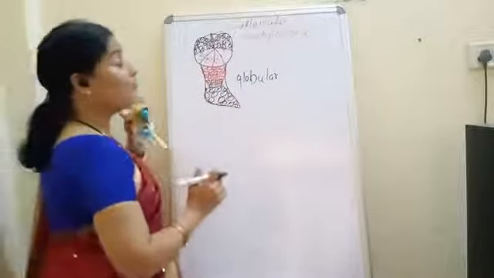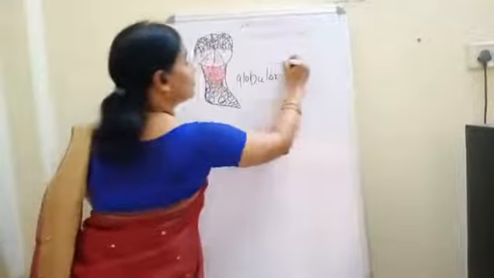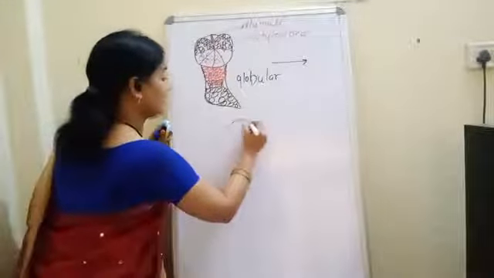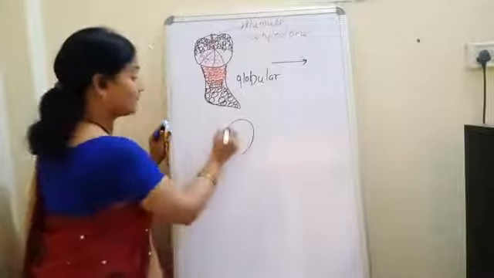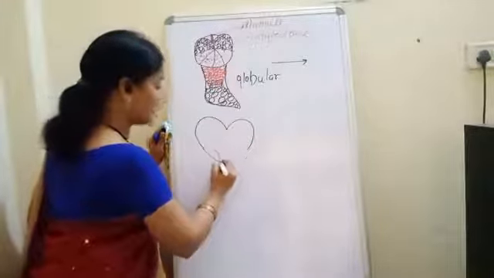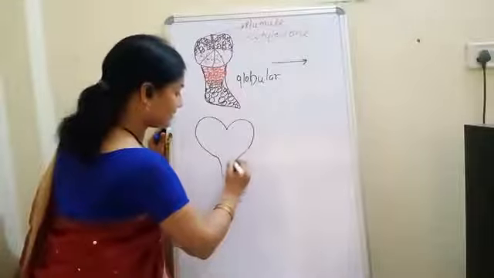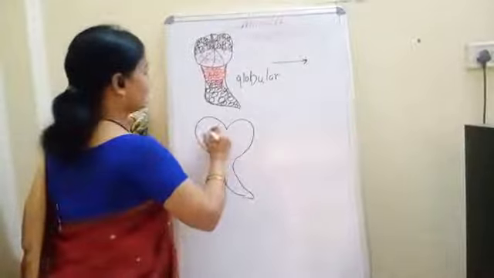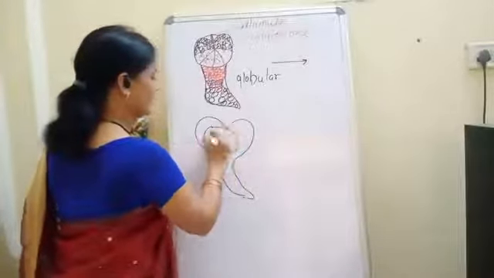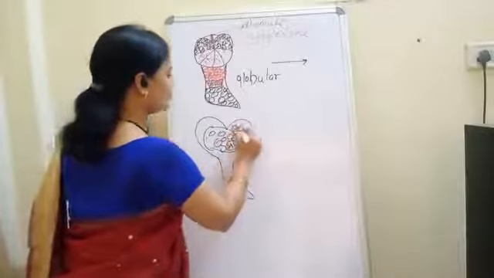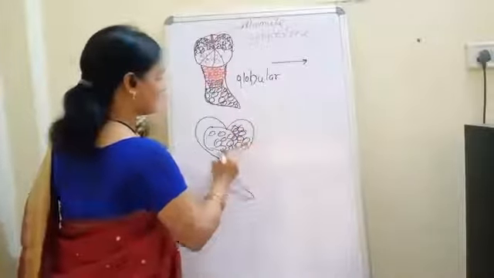Now there will be more development, and what will happen in the next condition? The cotyledon will develop more, and the structure will form like this. Again the mass of cells is here, with multiple divisions of the cells throughout, many divisions.